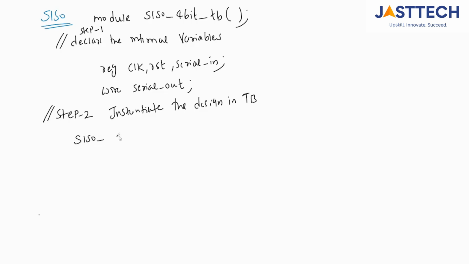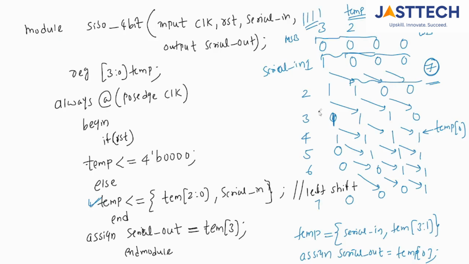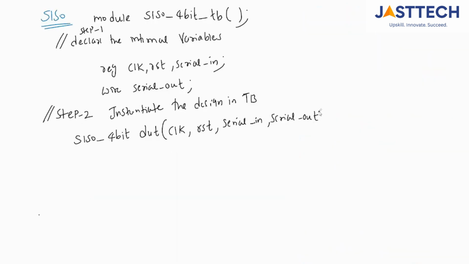SISO underscore 4 bit, and the instance name is DUT, and I'm using connection by position with order list. How you declared the inputs and outputs in the design, that same order you need to follow: serial underscore in, comma, serial underscore out. That is the connection by position with order list.